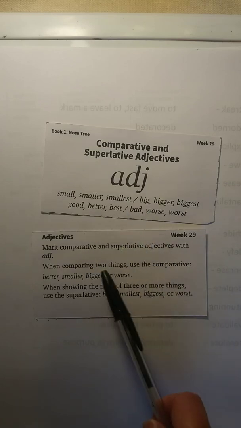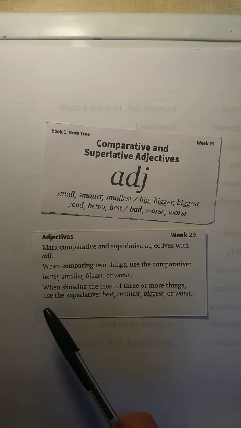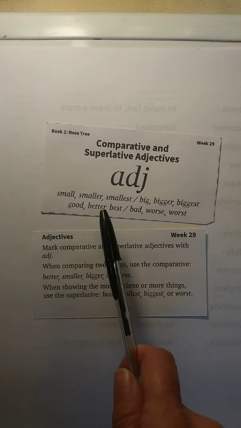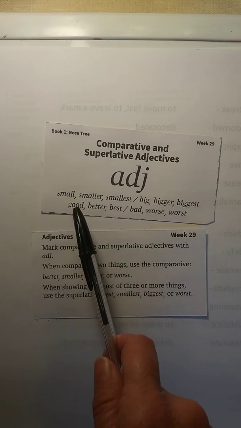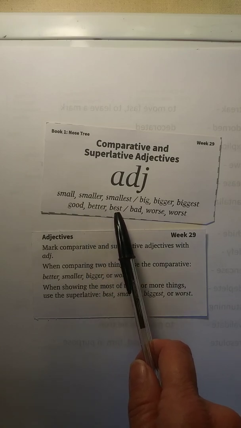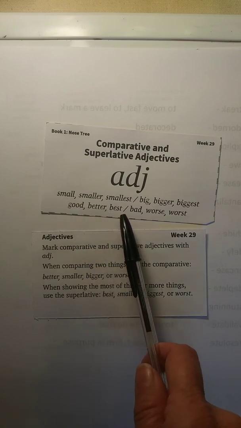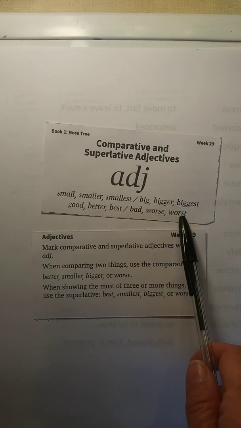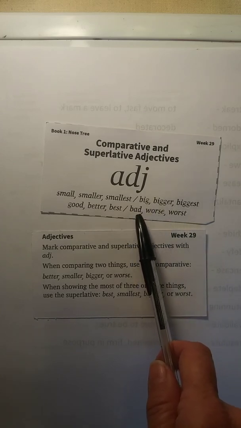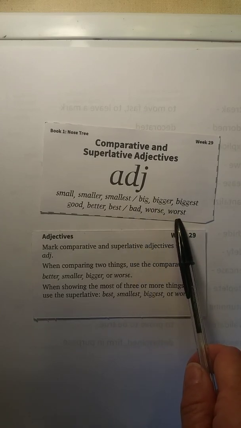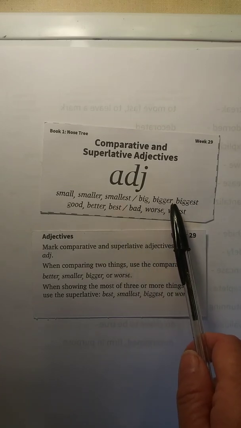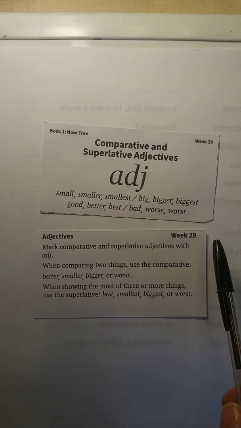Now this is the general rule. There are exceptions as always. As you can see in this example, you don't say good, gooder, goodest. You say good, better, best. You don't say bad, badder, baddest. You say bad, worse, or worst. But the general idea is you add the ER or the EST to the end of the adjective.